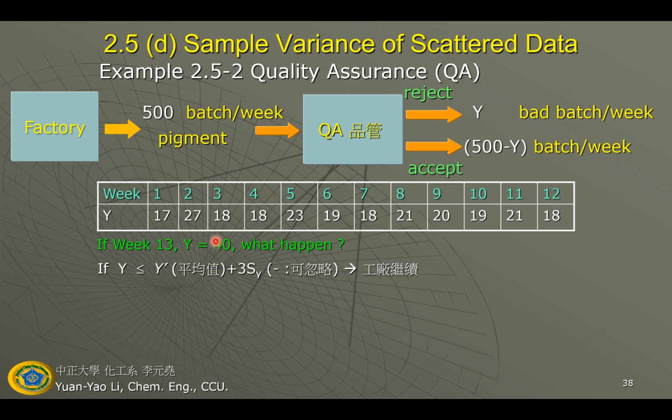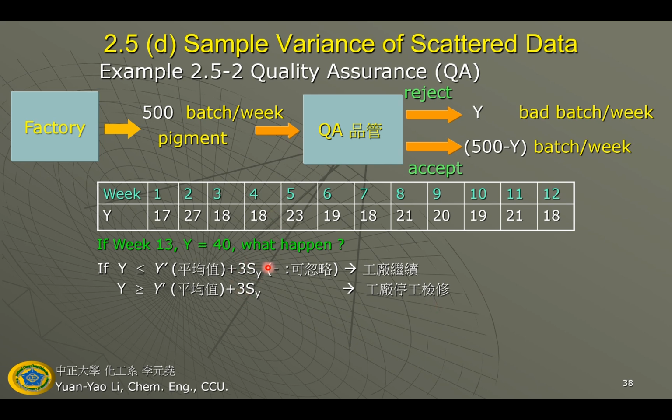And if 40 is less than mean number plus 3 standard deviation, you can continue to work. Or if this 40 is greater than mean number plus 3 standard deviation, the factory needs to shut down and do the check to find out what's going on and what's wrong with this factory.